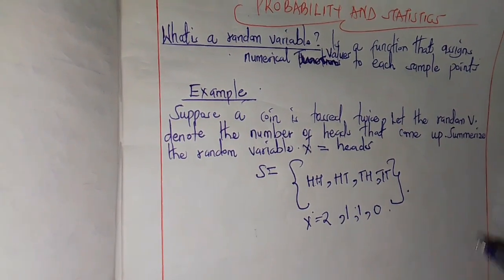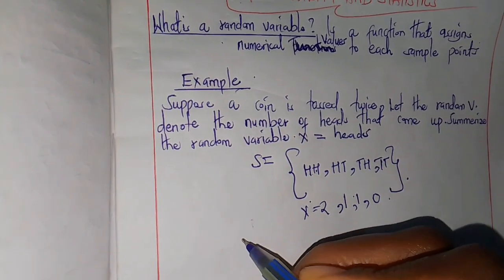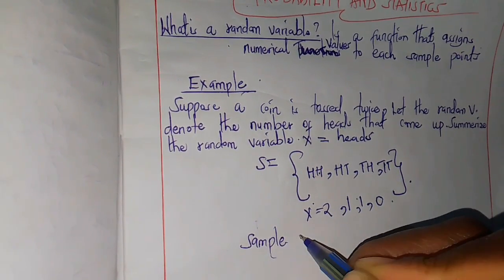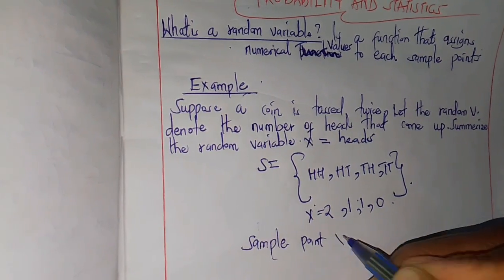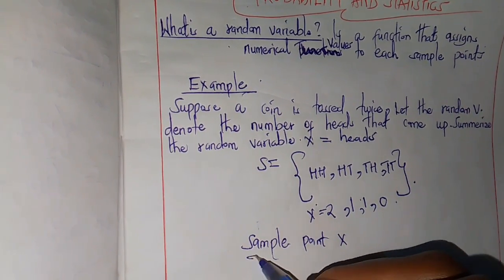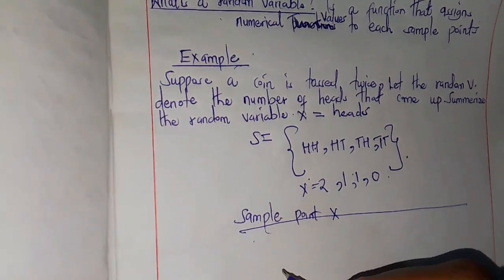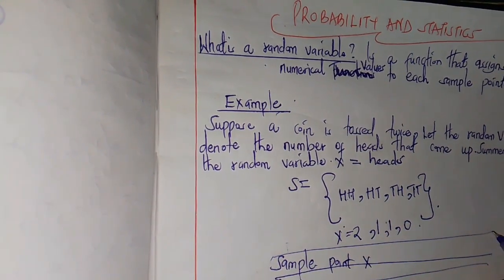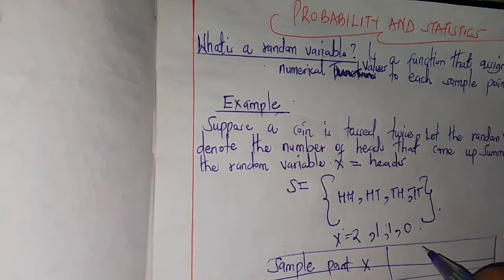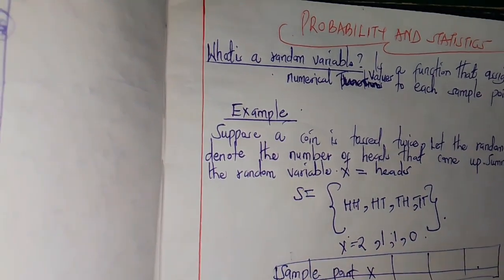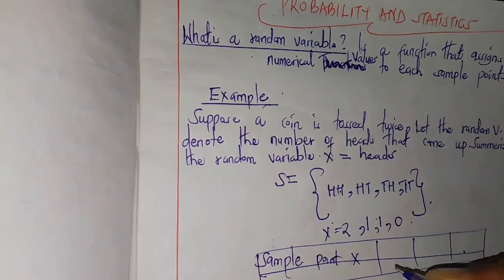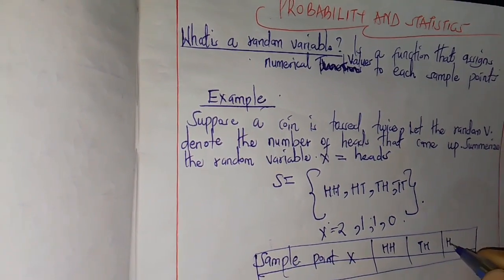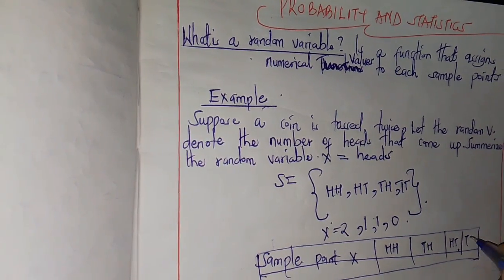So we can summarize it like this: sample point and X. We can have head head, head tail, tail head, and lastly tail tail.